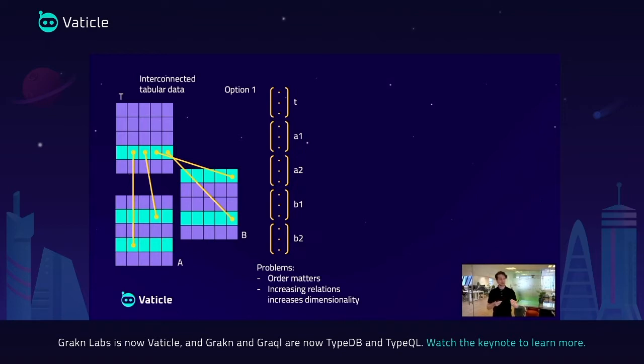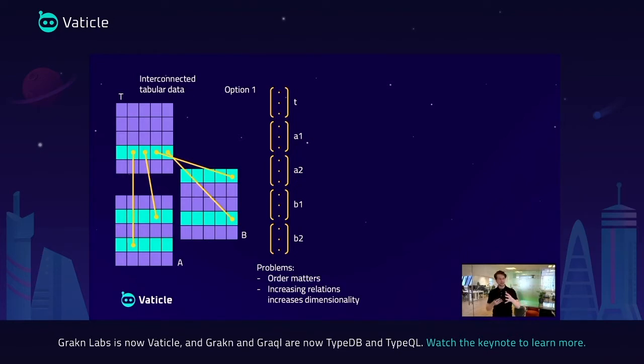The first is, I want to represent this one example from table T, so I'm going to split out the relations that it has into other parts of my feature vector. I'm just going to stack them all together. I've got T, and then A1, A2, B1, B2, all represented numerically with some feature vector that we can build up, and I just stack them.